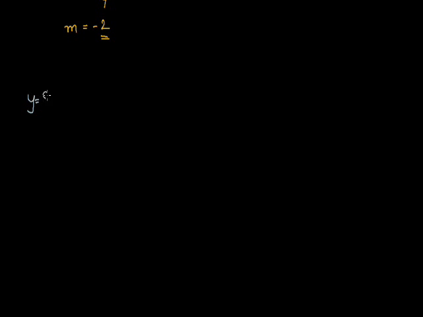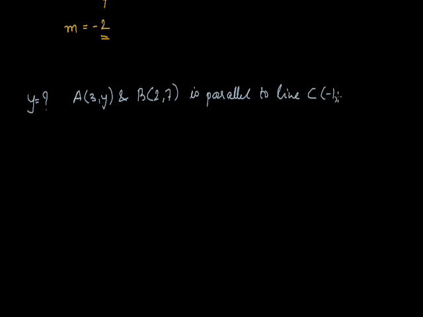We need to find the value of y so that the line through point A with x coordinate 3 and y coordinate y, and point B with coordinates 2 and 7, is parallel to the line through point C with coordinates minus 1 and 4 and point D with coordinates 0 and 6.